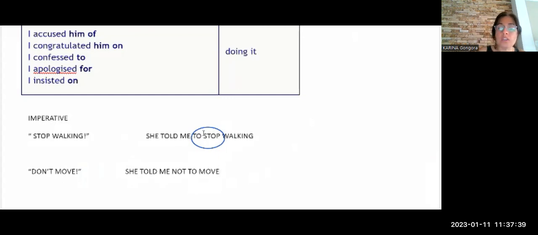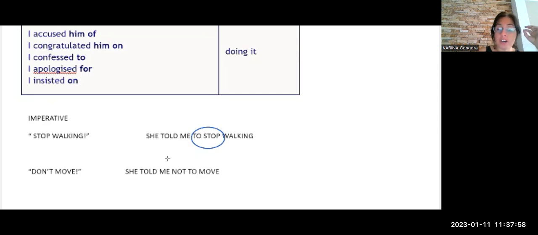When you use the negative, first you write the adverbial particle "not," and then the "to" plus infinitive. Many people make the mistake of doing it the other way around, but that is a huge mistake, right?